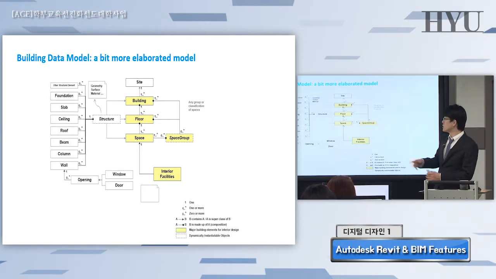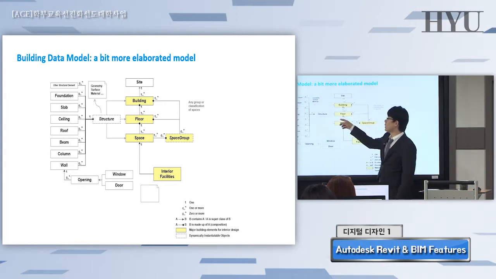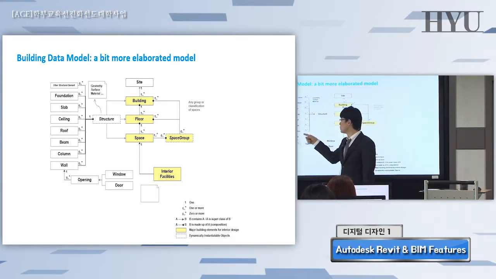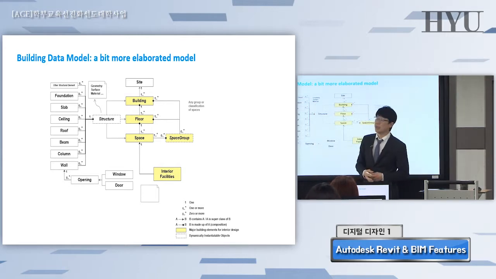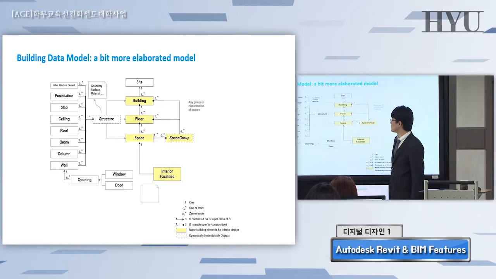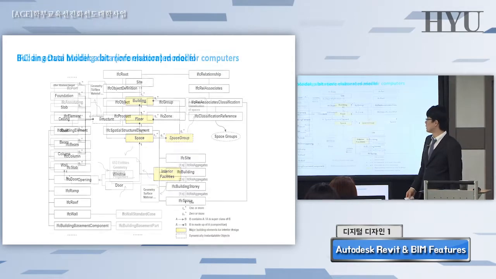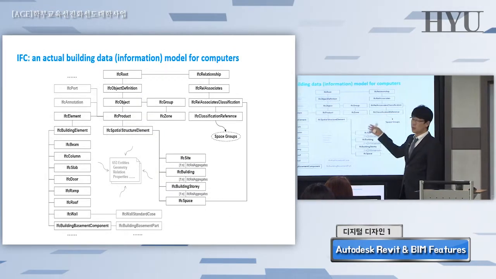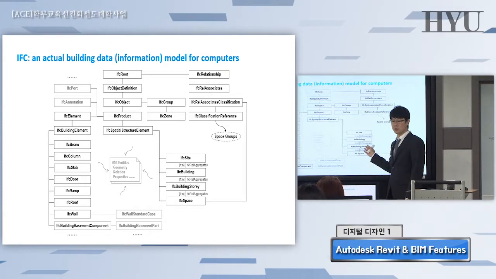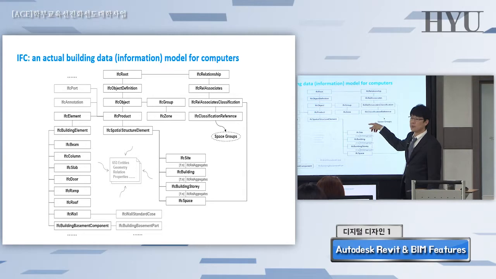There are structural elements, but they are not the main thing. Ceiling, slab, roof, beam, column, walls are, of course, very important design elements, but actually we are dealing with space, objects, and their associated properties. So this approach is totally embedded in such design tools. This is IFC. I told you, you don't need to know this structure, but anyway, the computer understands a building design using this structure.